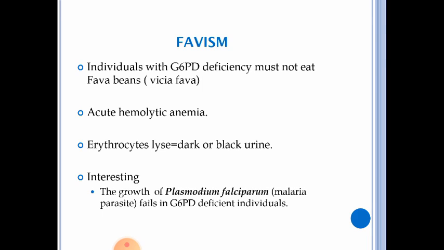The enzyme deficiency offers resistance to Plasmodium infections. The parasite requires reduced glutathione for its survival, which will not be available in adequate amount in those having deficiency of G6PD. G6PD deficiency is reported from almost all states of India.